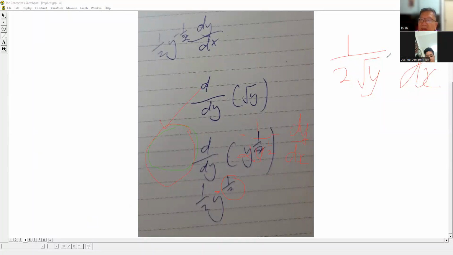So it will be the same thing as this, but without the dy dx. So it will be like this, 1 over 2 square root of y. And this is wrong. This is correct, but you simplify this way. This one is wrong because there's no negative there. Any question? No? No, then I clear this thing.